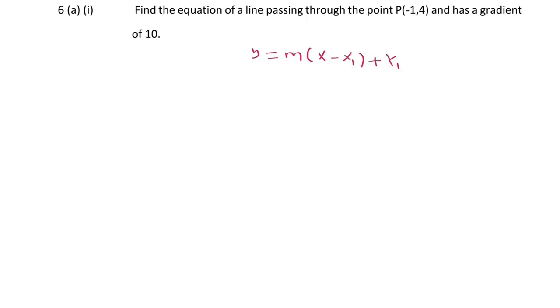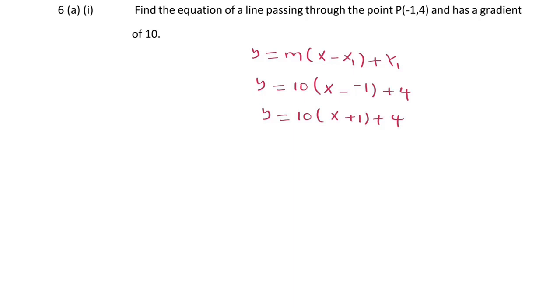Now we are going to substitute these values into our formula. Then our equation is y equals 10(x minus negative 1) plus 4. This becomes y equals 10(x plus 1) plus 4.